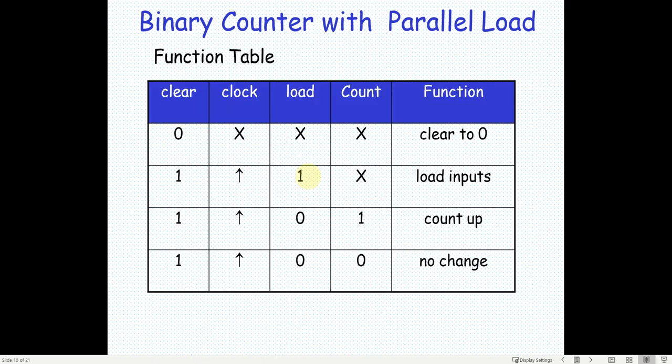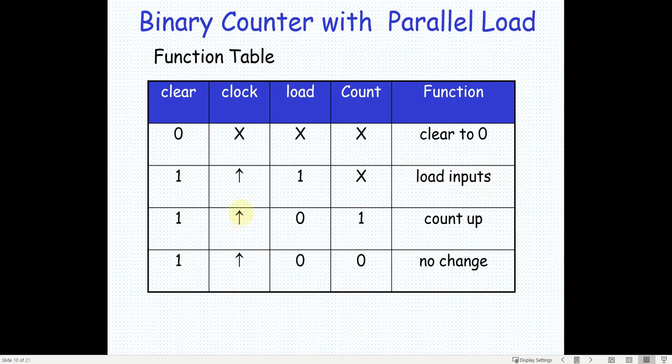During the positive edge, if the load is high, whatever the count is, it is not going to affect what it loads, the inputs D0 to D3 to the flip-flops.